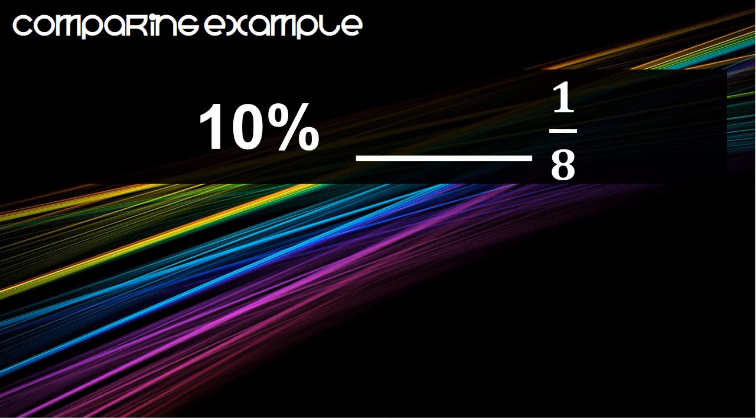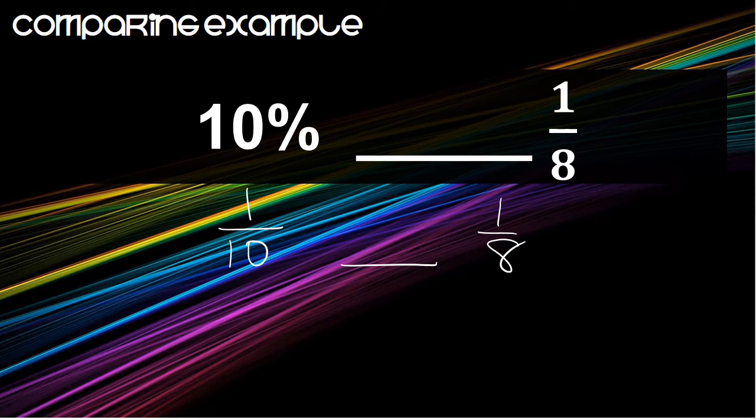So here's an example. Just like how we order the fractions, decimals, and percents, when we compare, we want to try to find a common format to easily look at and compare these two numbers. So with 10% and 1/8, I'm going to change 10% into a fraction. I know my fraction for 10% is 1/10, and I'm going to compare that to 1/8.